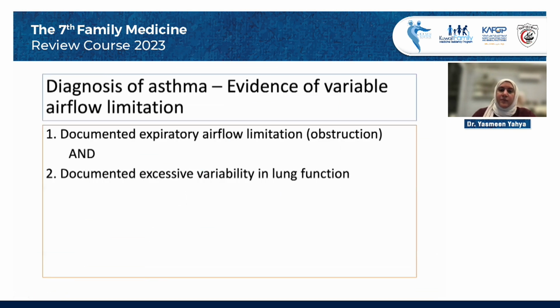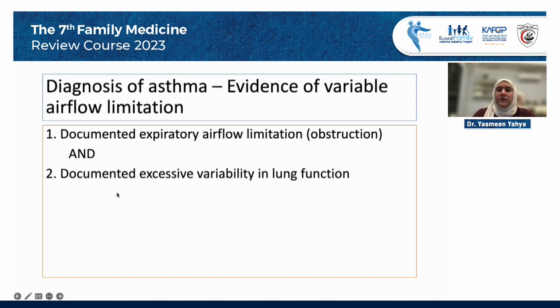Then we said that we need data from the history to support the diagnosis. The other step is that we need to have evidence of variable airflow limitation. So here also we need to document two things. We need to document that there's an expiratory airflow limitation, obstruction, which we just mentioned in the spirometry, with FEV1 over FVC below 0.7.